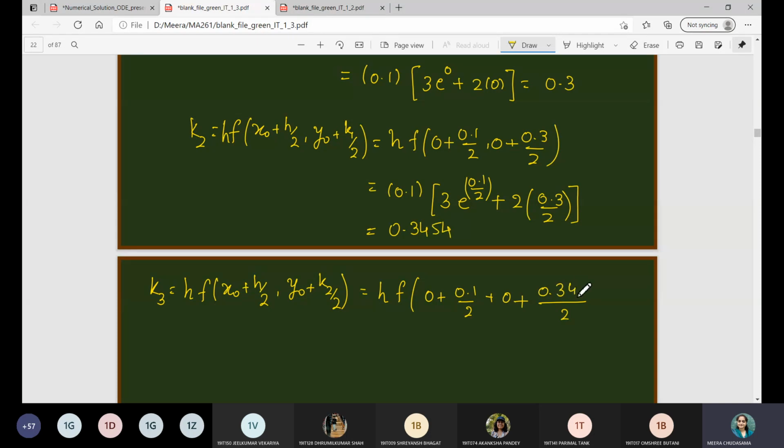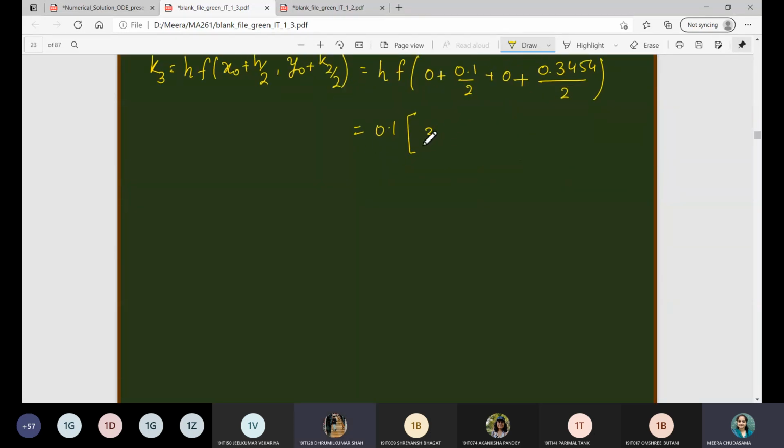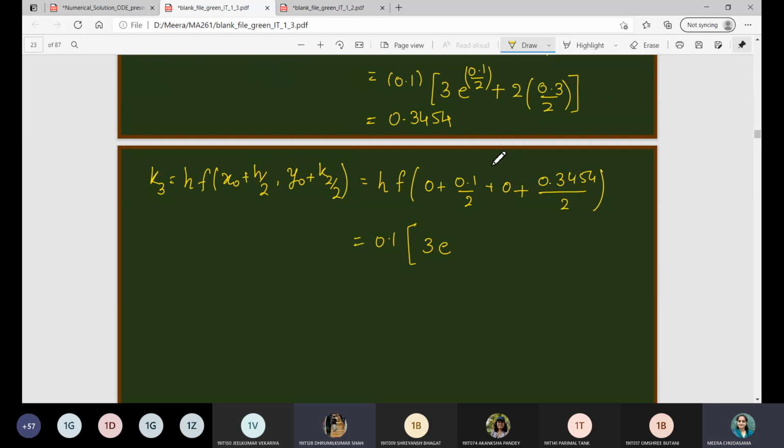So if I substitute it over here, this is what the function value means. It will be 0.3455. Is it coming 5 or 4, please confirm. Ma'am, the entire expression is 0.34546. 546, okay.